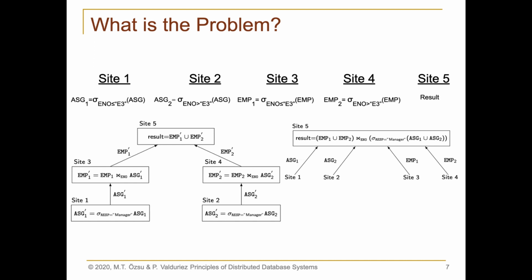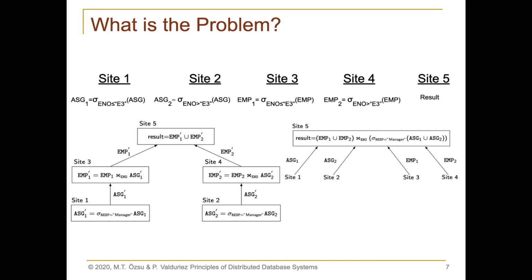Let's take this assumption. Assume we have both relations, assignment and employee, fragmented and distributed over the network. And again, assume we are at site 5 where there is no local data regarding employee and assignment. Let's say site 1 holds all assignments whose employee number is less than or equal to E3.